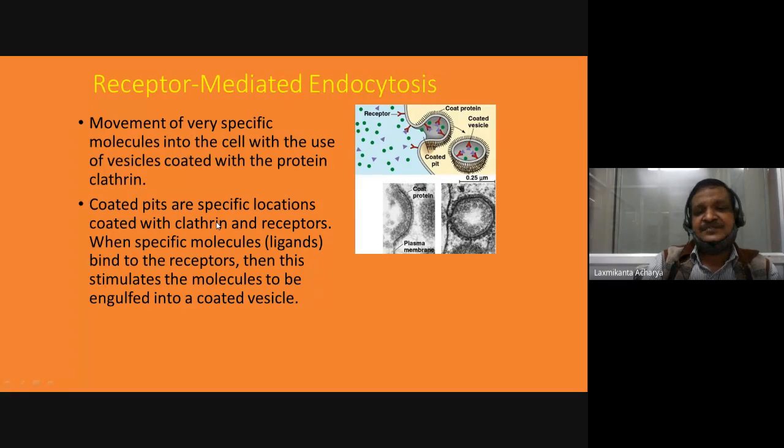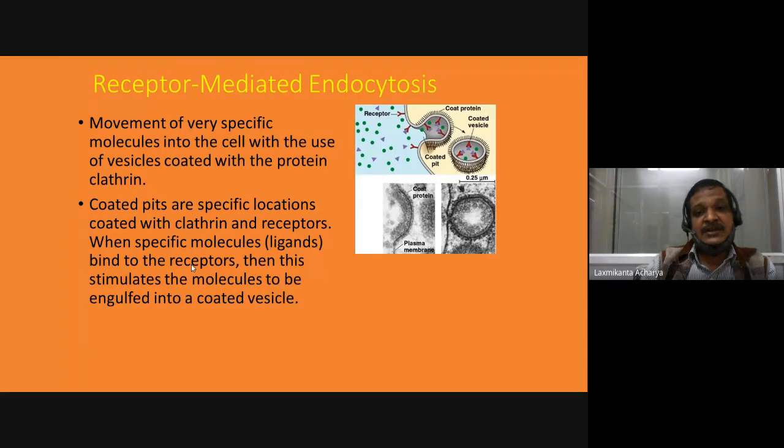These coated vesicles then move to the lysosome through a particular path: they form early endosomes, then late endosomes, and get merged with the lysosome, where these things are digested. That is happening through receptor mediated endocytosis.